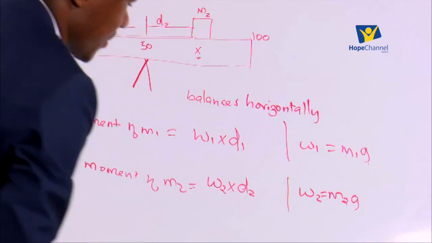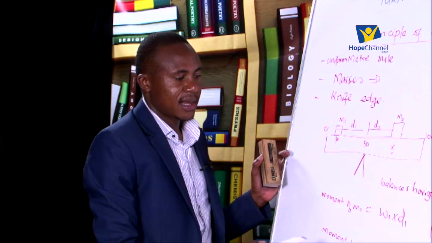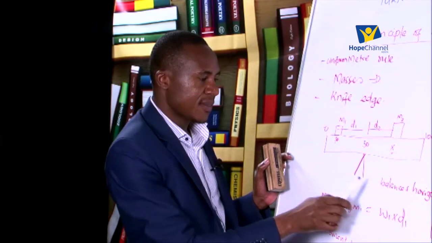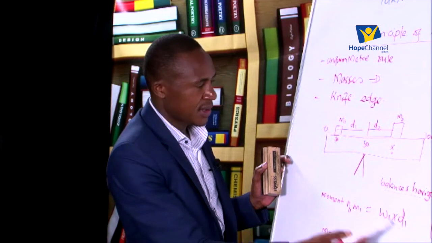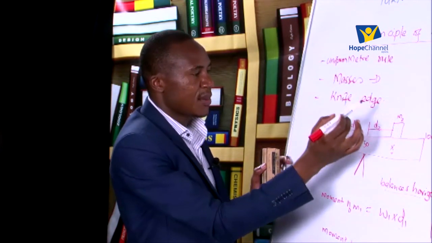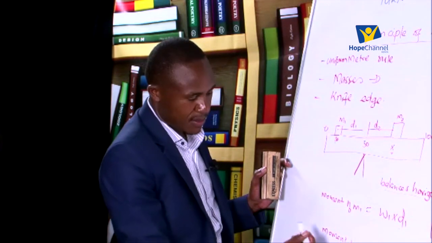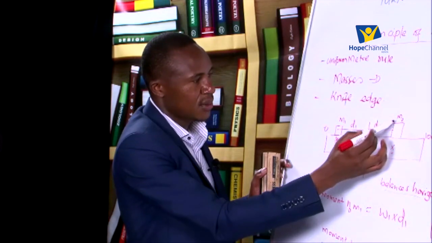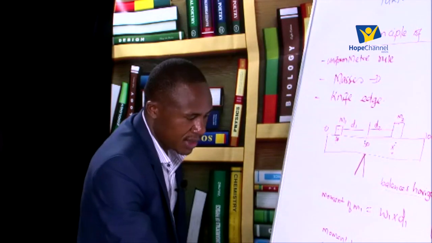Now you realize that every time the meter rule balances horizontally, the weight 1 times D1, that is the moment due to M1, the weight times the distance from M1 to the pivot, and the moment due to M2, that is weight 2 times the distance from X to the pivot, will always be equal.